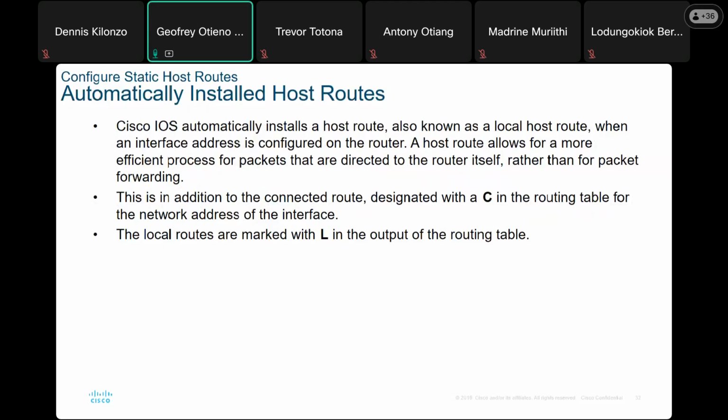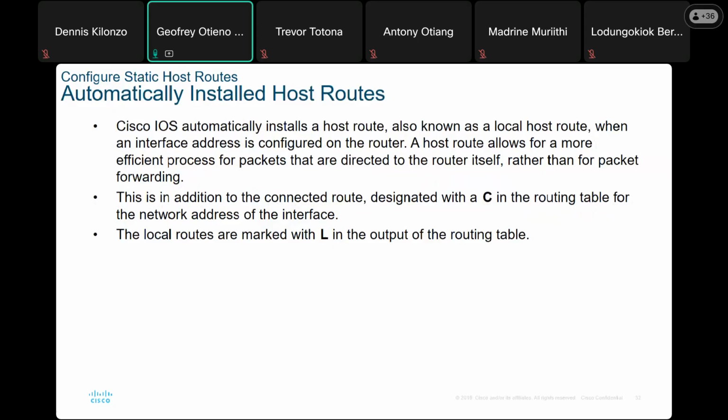That's the beauty about that. Then again, take note of the symbol. With the local routes, all those which have been created automatically, the symbol is L. I hope you have seen L within your output. There's no way you had specified it, but you see, automatically it's being created.